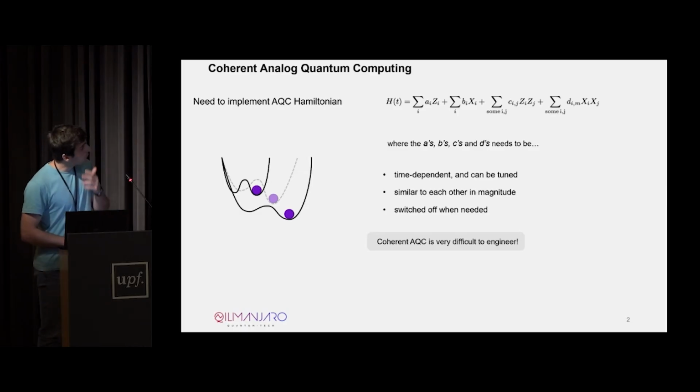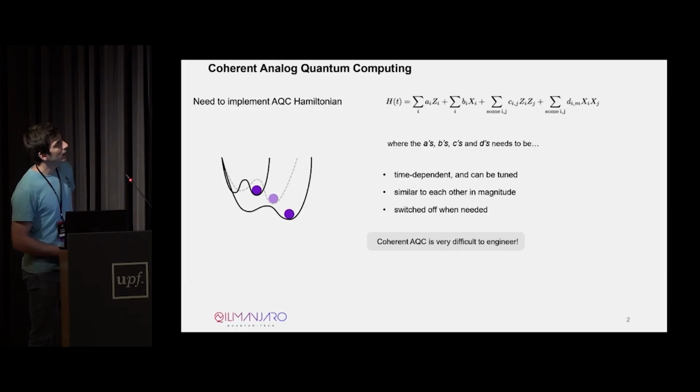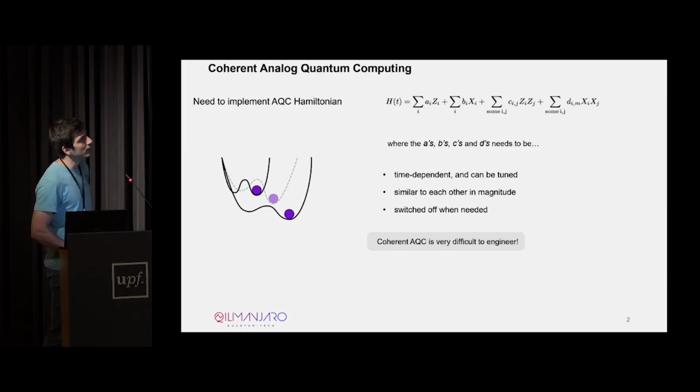Furthermore, these coefficients A, B, C, and D, in general, need to be time dependent, and we need to be able to tune them. They also need to be quite similar to each other in magnitude. And we want to be able to switch them off whenever needed. So you can imagine that combining all these features together is quite a difficult challenge.